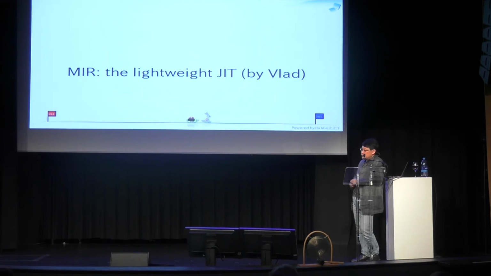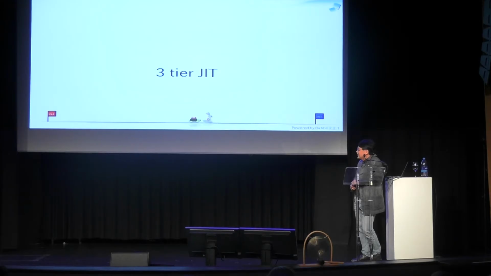Vladimir Makarov, who originally created MJIT, is also working on something named MIR. I don't remember the acronym, but it is a lightweight JIT compiler. MJIT generates C programs from the Ruby code, then compiles those C files with GCC or clang, then dynamically loads them into the application.